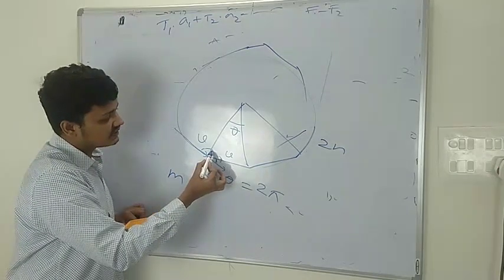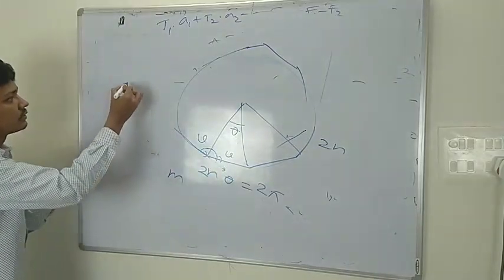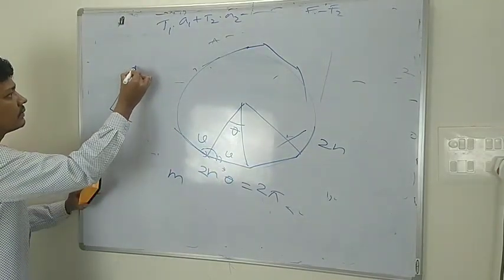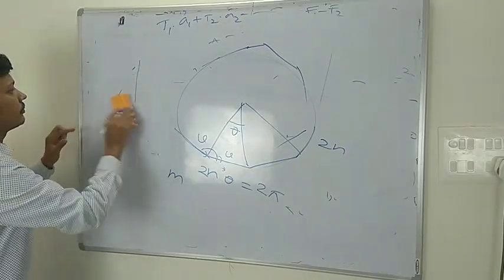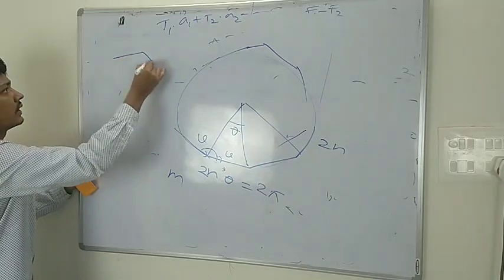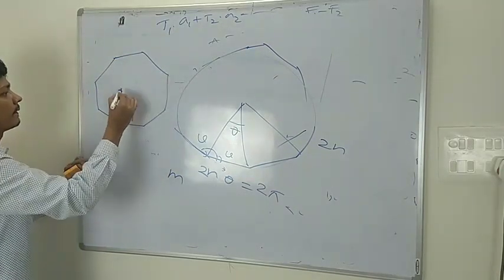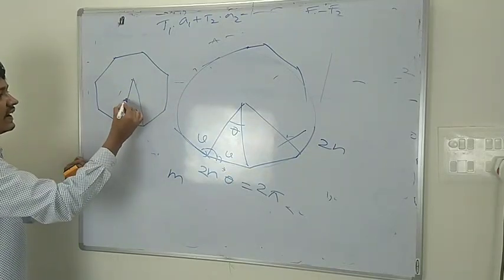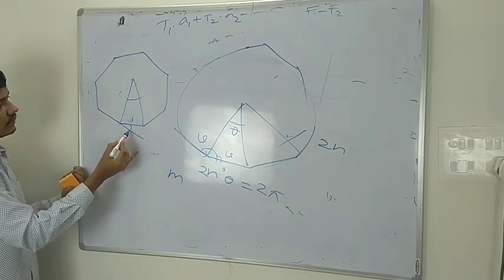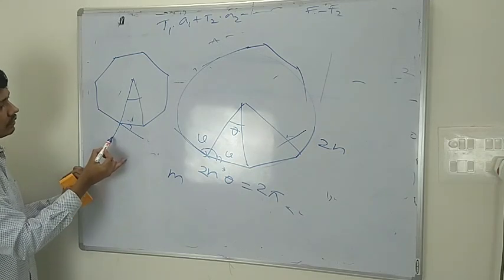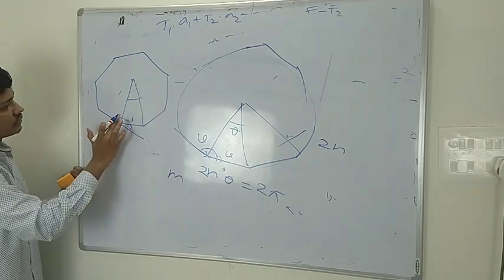So what is this angle? Now this angle is 180 minus theta by 2, so follow the geometry. Let me do a hexagon for this. Let me calculate this angle, then we can calculate the other.